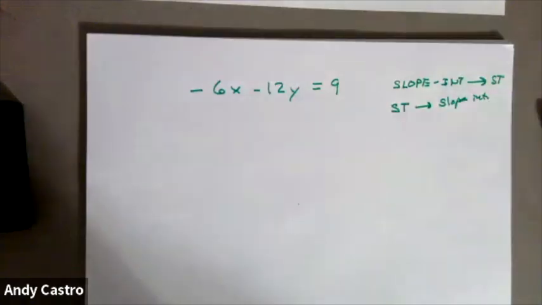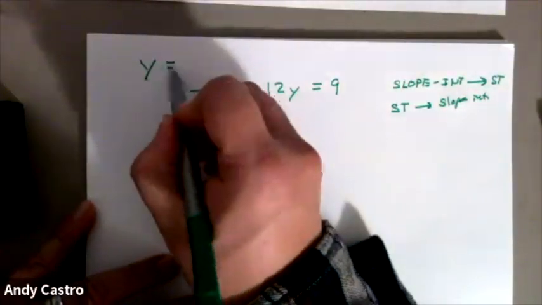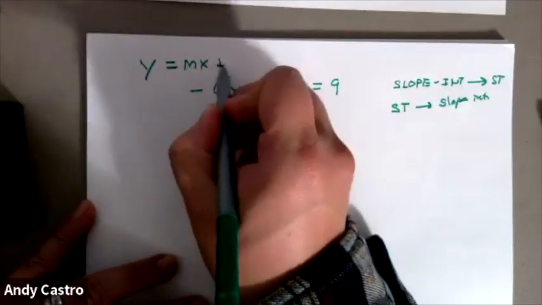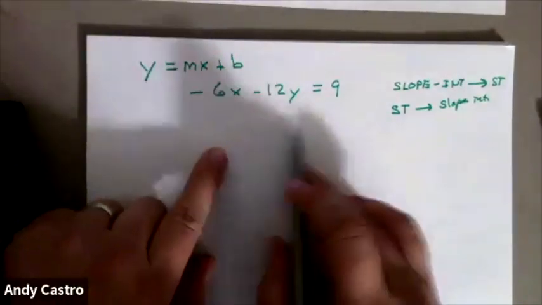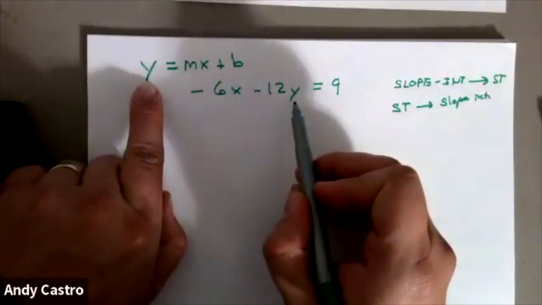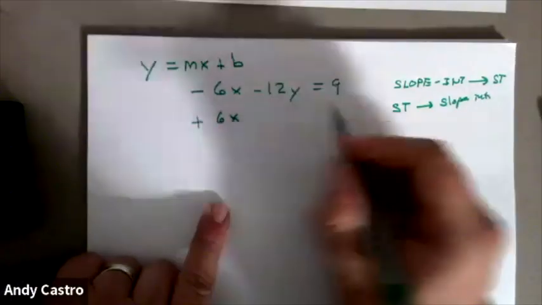Slope-intercept form, just so you remember, is y is equal to mx, the slope times x, plus b. So here, all I have to do is solve for y. In order to do that, I'm going to move the 6x to the other side of the equation.